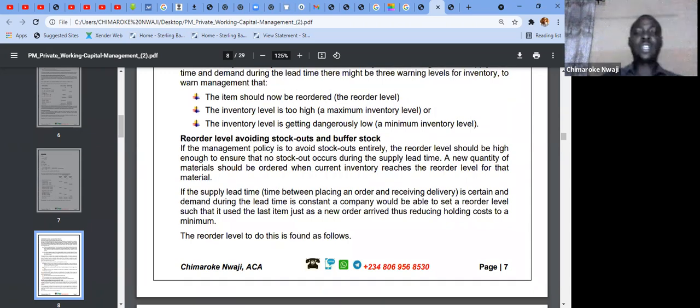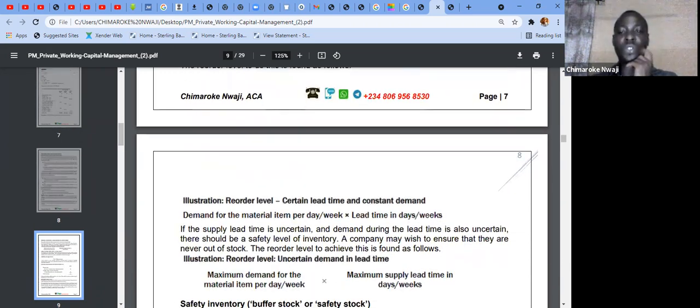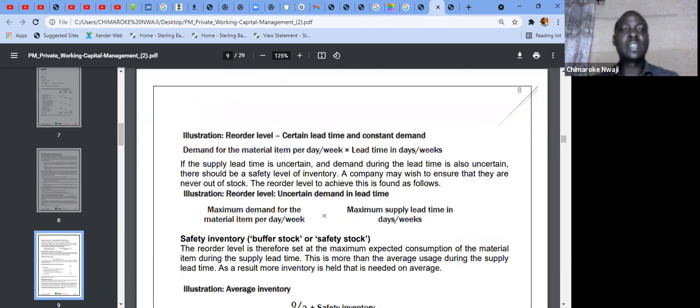All right, so the reorder level can be found using this formula. Demand for the material item per week times lead time in days. So if the supply lead time is uncertain and the demand during the lead time is also uncertain, there should be a safety level of inventory.